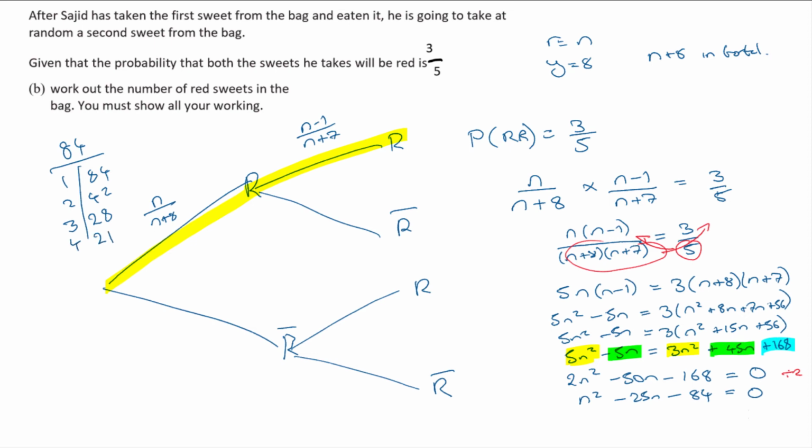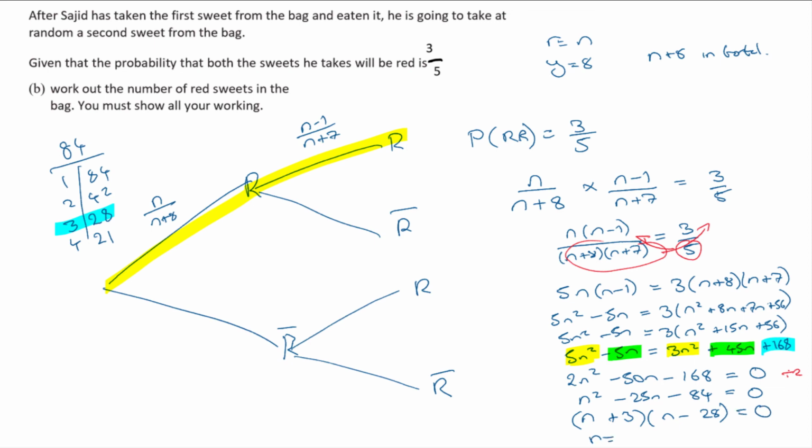Now I could go on, but I think I've already spotted the one I want. I want this one here, isn't it? 3 and 28, because 3 and 28 have got a difference of 25. So I think this is going to be n plus 3, n minus 28 then, isn't it? And that is equal to 0.